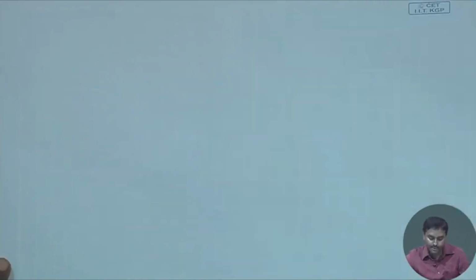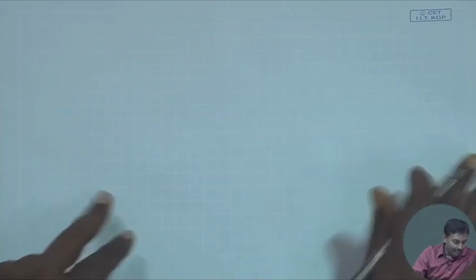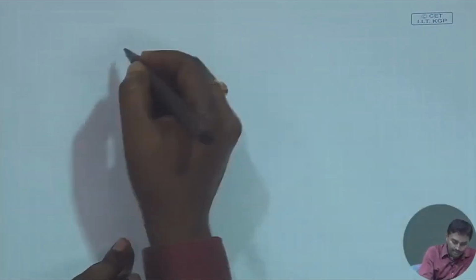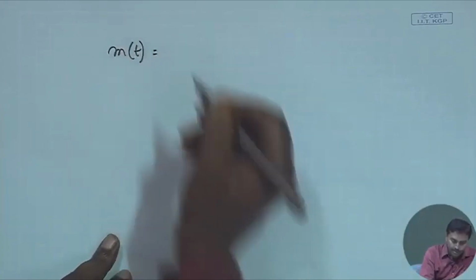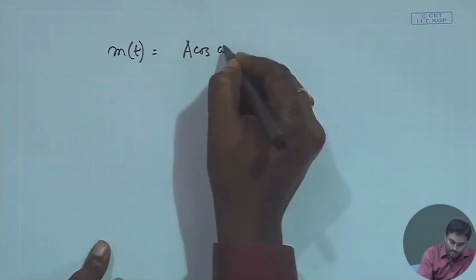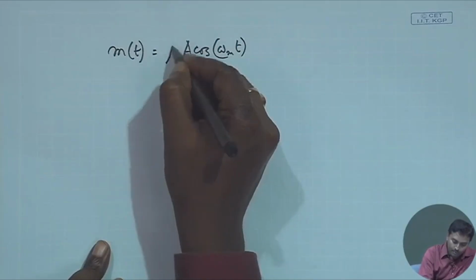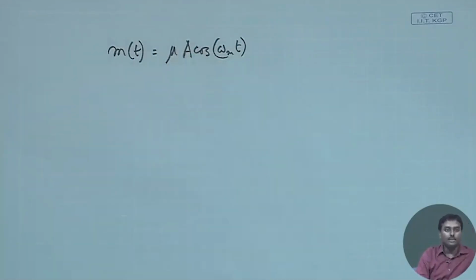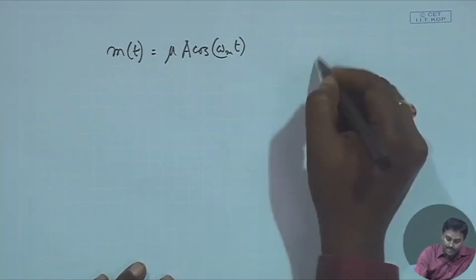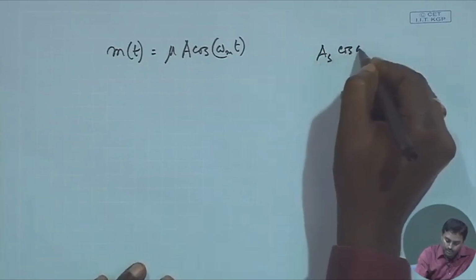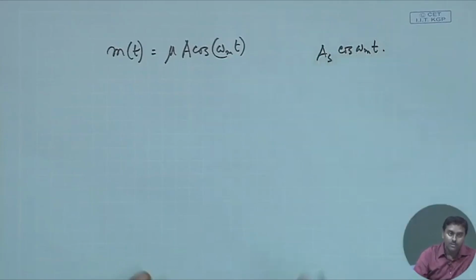So, what can I write? Suppose I have a tone modulation. My m(t) is something like A cos omega m t, and I have a modulation index of mu added to it. If I just write it as some AS cos omega m t, what is the lowest value of that?